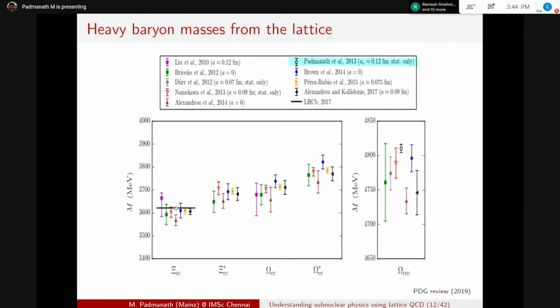One doubly charm state has been observed, which is presented by this, while no other states have been observed, and all other numbers are lattice determinations. And you can see here our numbers have appeared.